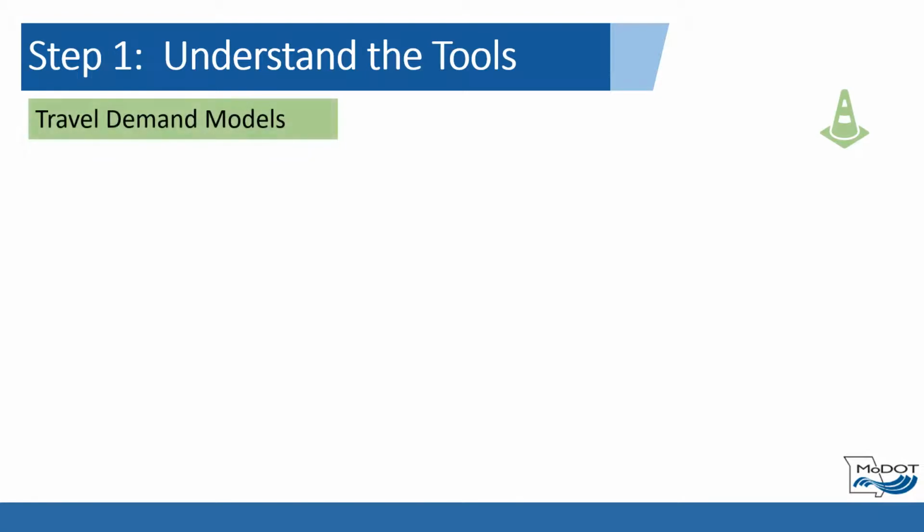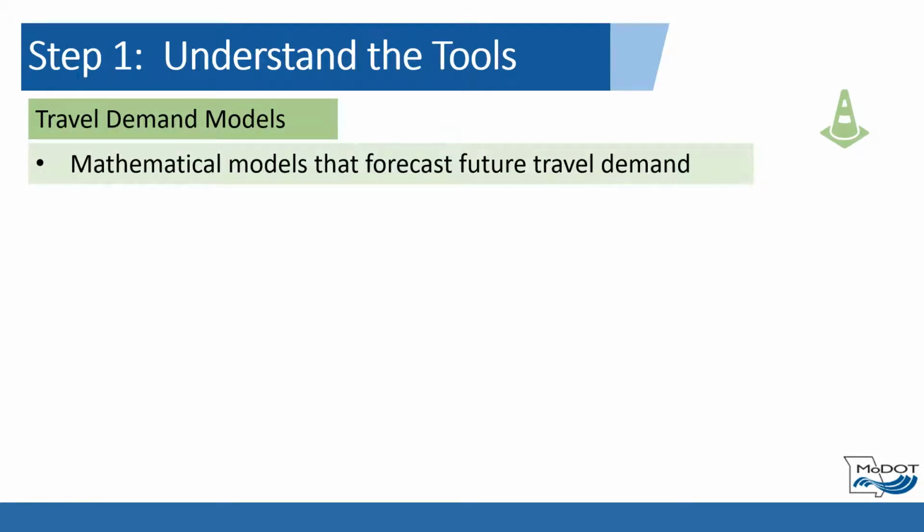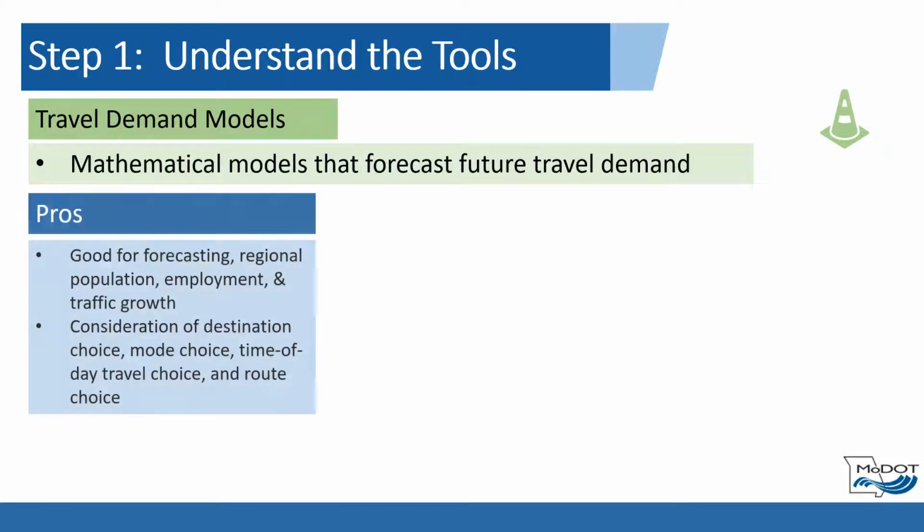Next are the travel demand tools. Travel demand models are mathematical models that forecast future travel demand based on current conditions and future projections of household and employment characteristics. Let's explore the pros and cons of using travel demand models. They are most effectively used when focusing on region-wide travel patterns.